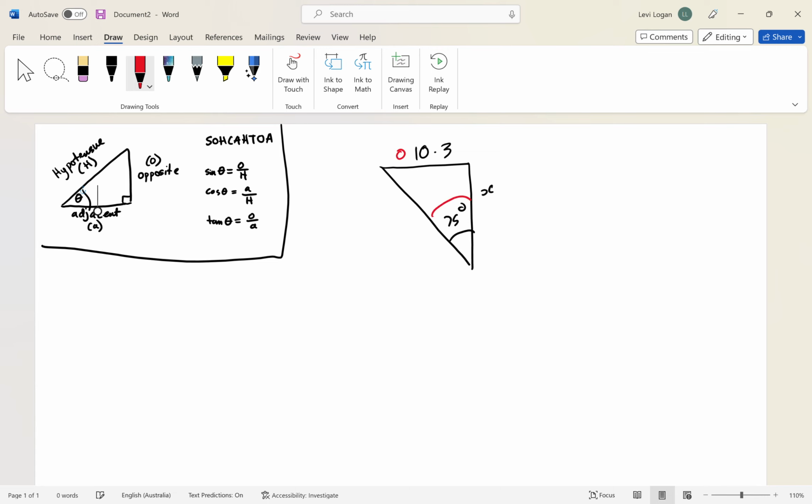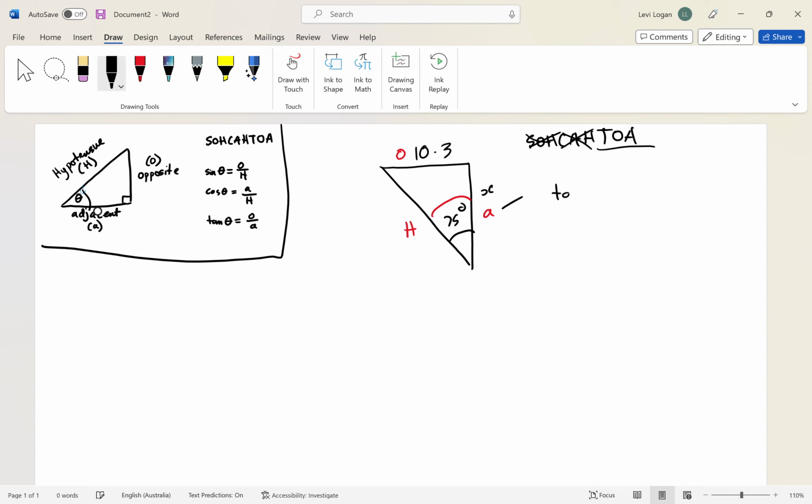So go opposite, adjacent, hypotenuse. And we know SOH CAH TOA. We have an adjacent. We want to find an adjacent, so we're not using sine, so we have to use cos or tan. We don't have a hypotenuse, so we can't use cos, therefore we must use tan because we want to find the opposite.